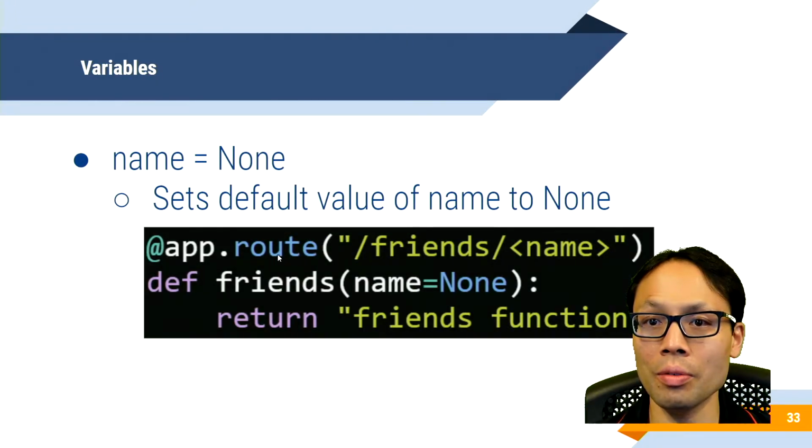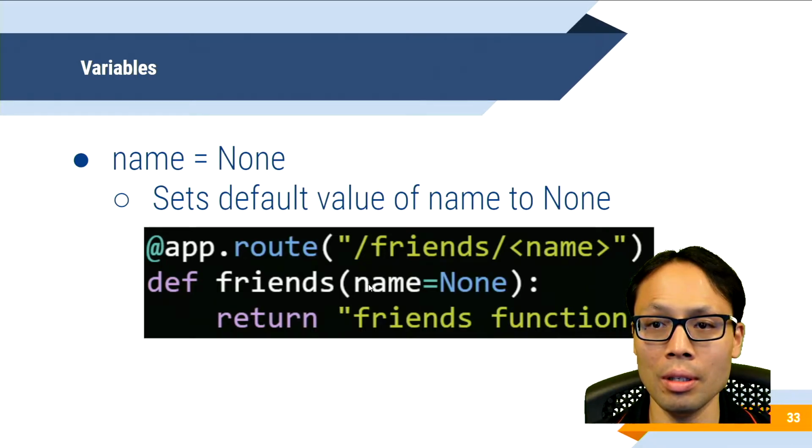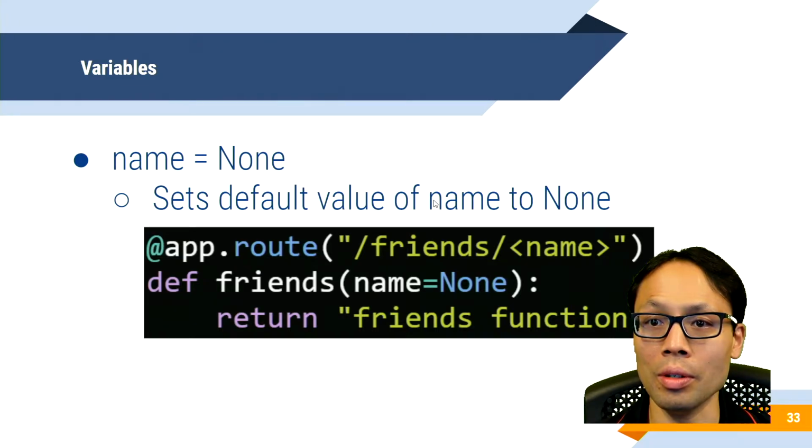So first off, in our function, we've got a variable that we're now passing in, and the default value of our variable, we're going to set it to None. Okay, so here we're passing in a variable called name, and we're assigning it the value of None.